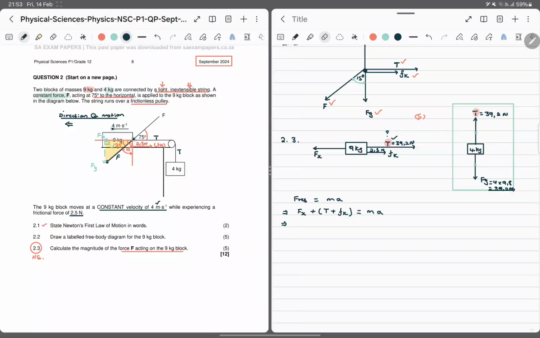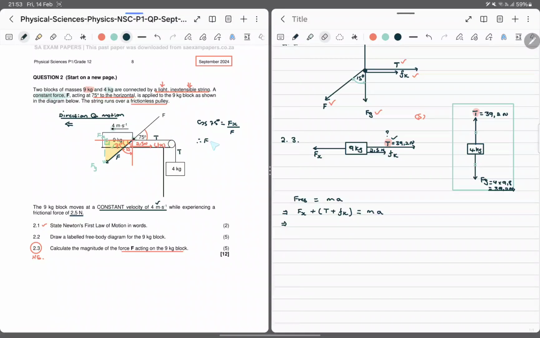But we're interested in the x direction. So this is going to be sine 75. It's going to be, no. This is going to be cos 75, right? And now if we say cos 75 degrees here, it's going to be the adjacent, which is the F in the x direction, over the hypotenuse, which is the actual applied force.